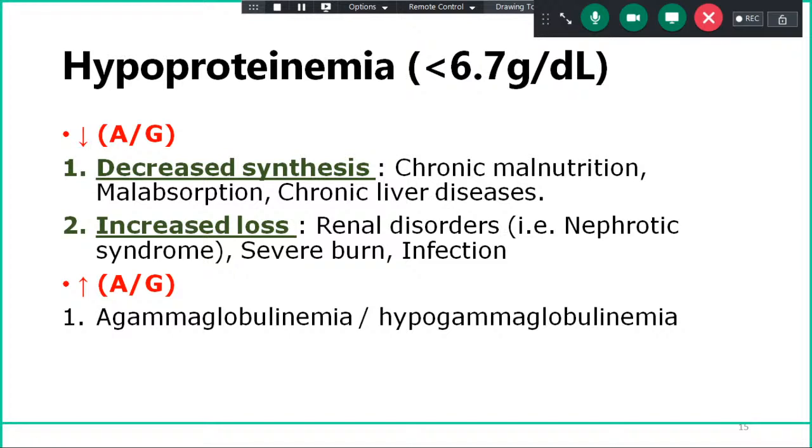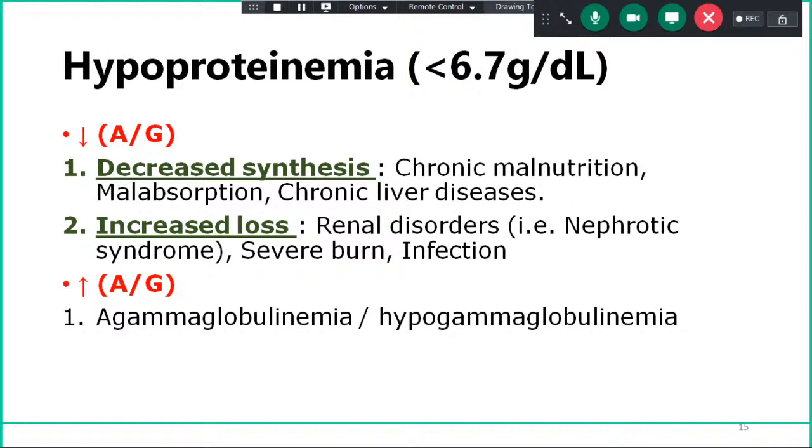In chronic malnutrition and malabsorption, either the protein intake in the diet is less, or the body is not able to absorb the protein that is being taken in the diet. So there is less amino acid available for the synthesis of protein in the liver.